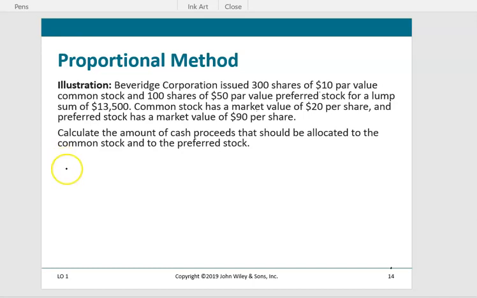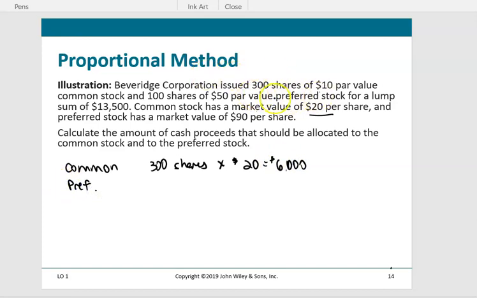Well, the common stock, how much is the market value of the common stock? We have 300 shares at a market price of $20 per share. So the common stock alone has a market value of 6,000. What's the market value of the preferred stock?